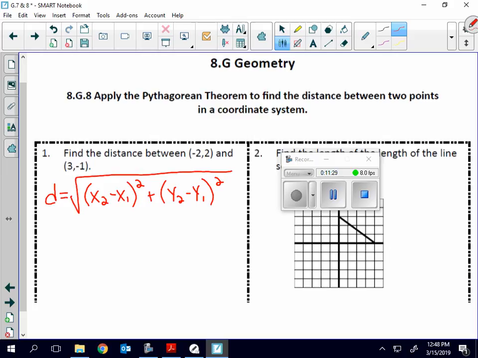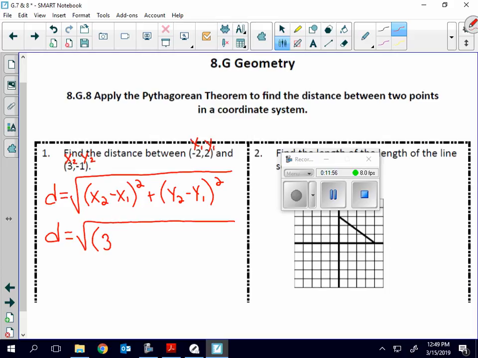So this is x1, y1. This is x2 and y2. So if we plug in what we have here, and I'm going to do it step by step. You can skip steps if you get things, but there are some negative signs in here. I want to make sure we have it all clear. So for now, write all the steps down. All right, we want x2 first. x2 is 3.